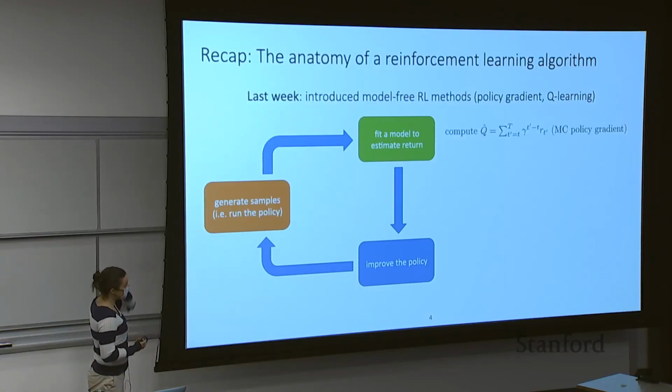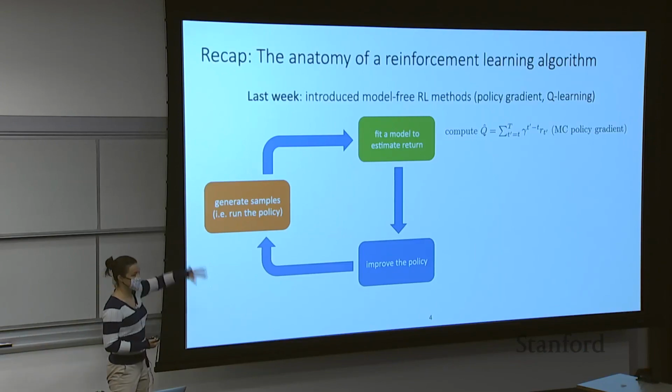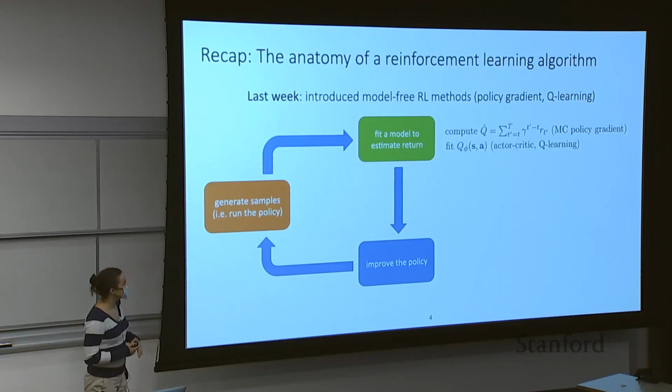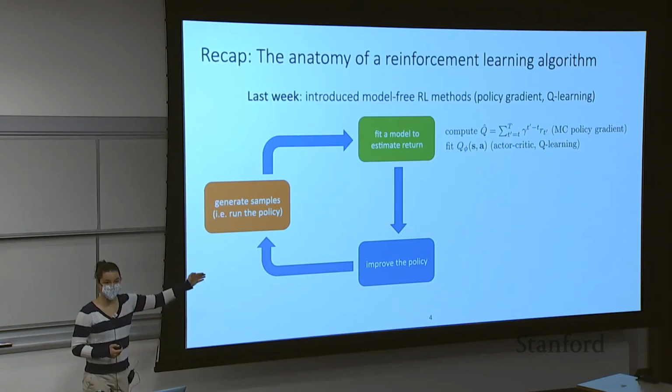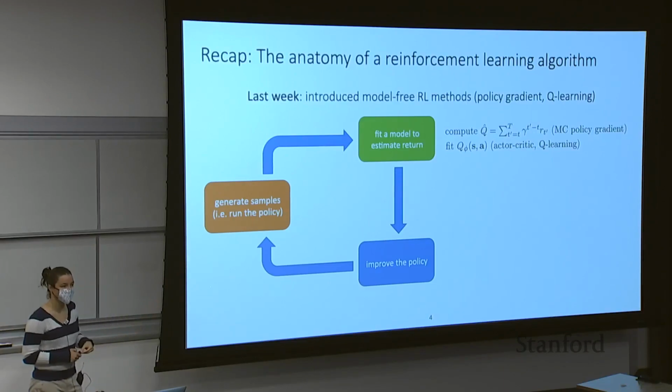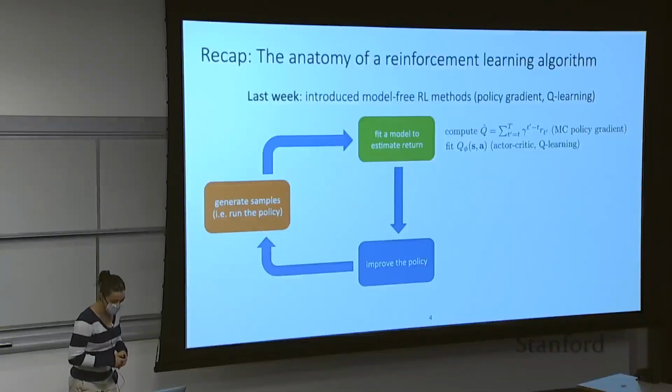And we saw a couple different cases of actually instantiating this framework. So for example, you could try to estimate the return directly by just summing your rewards, or you could fit a critic Q function to try to estimate your expected return from your current state.